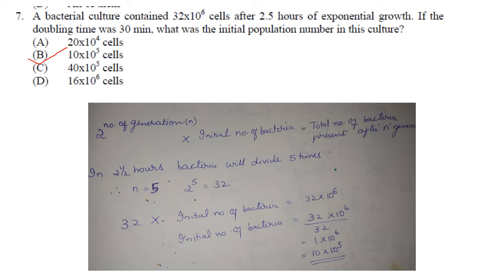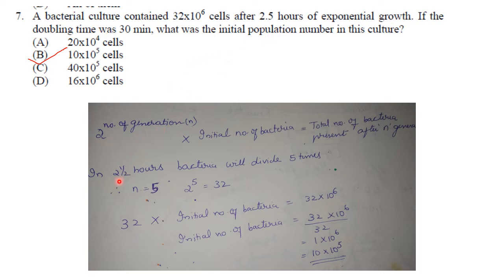So we have a formula for calculating the initial number of population in the culture, that is 2 raised to n, number of generations, into initial number of bacteria is equal to total number of bacteria present after n generations.